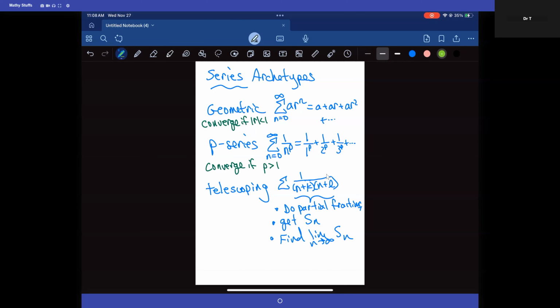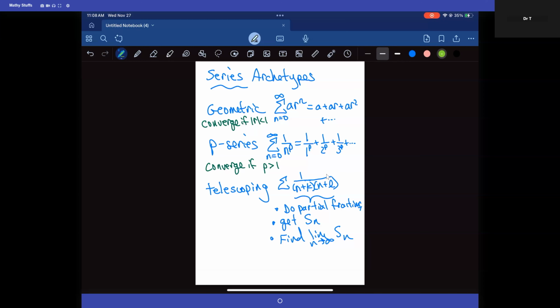And then we talked about P series, which I introduced in more detail last Friday. A P series has a fixed exponent on the denominator, and what changes is the base in the denominator. So it's kind of the flip of a geometric series.